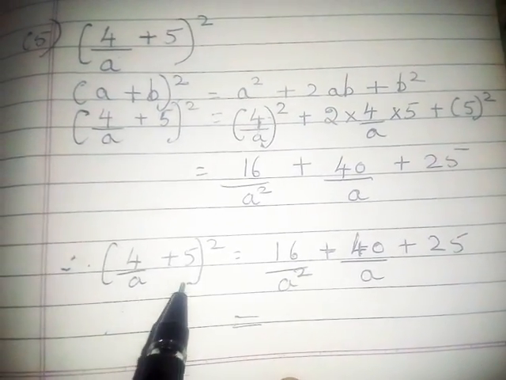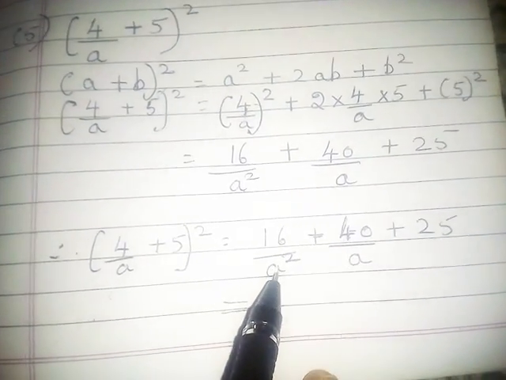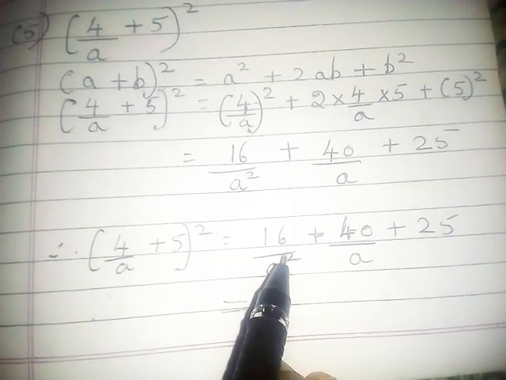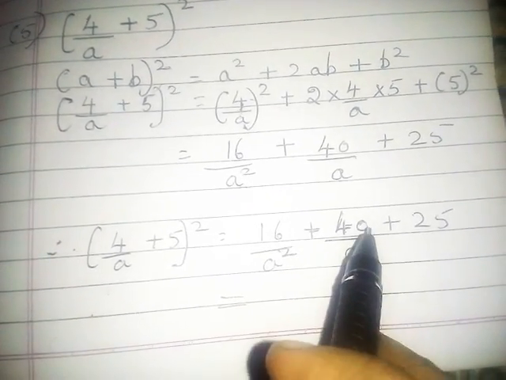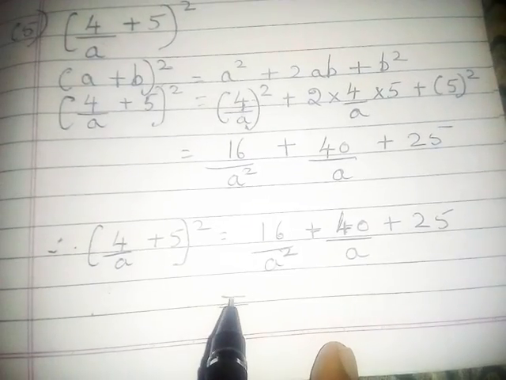Look at the final answer properly. This is 16 upon a square plus 40 upon a plus 25. Okay.